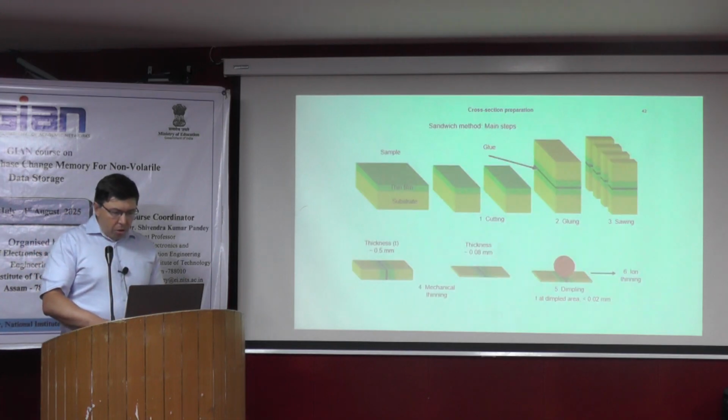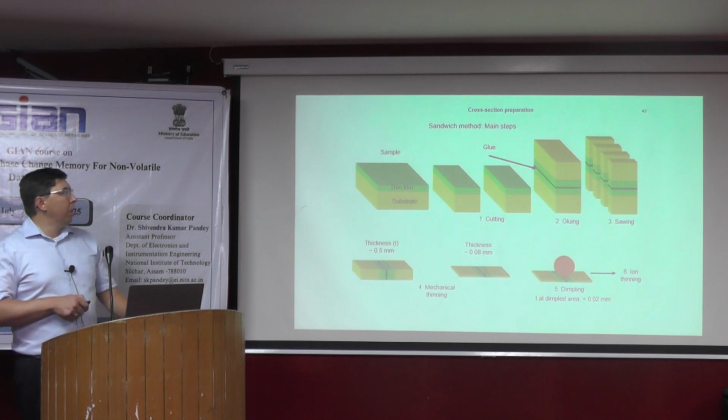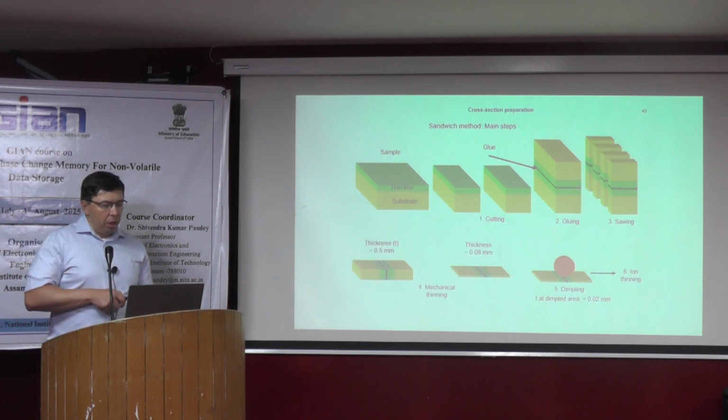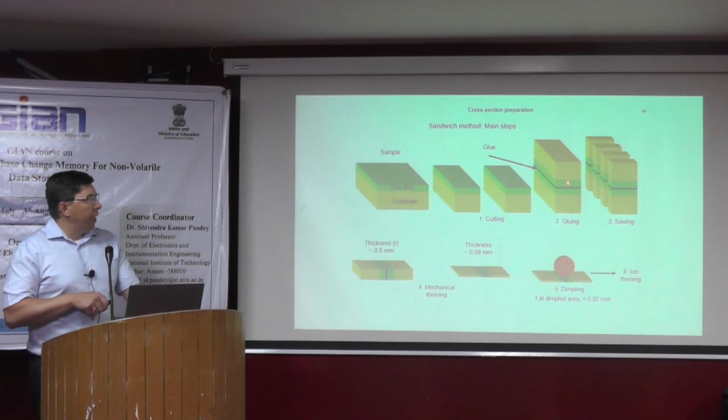So for normal cross-sectional preparation, there are different steps. If you have a thin film attached to the substrate, first you have to reduce the size of your sample, cut it into pieces, then glue them together, then slice your block into smaller blocks.